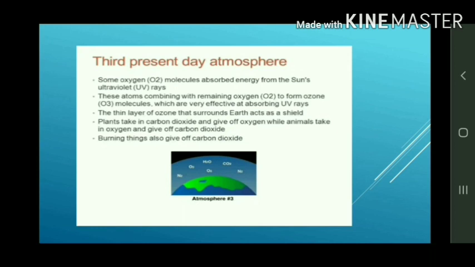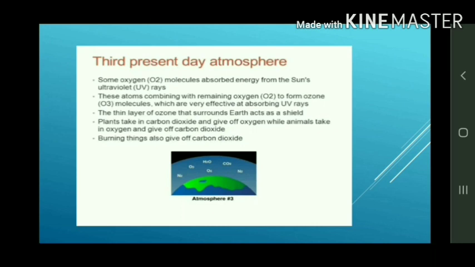Third, the present-day atmosphere. Some oxygen molecules absorbed energy from the sun's ultraviolet rays. These atoms combined with remaining oxygen to form ozone molecules, which are very effective at absorbing UV rays. The thin layer of ozone that surrounds Earth acts as a shield. Plants take in carbon dioxide and give off oxygen, while animals take in oxygen and give off carbon dioxide.